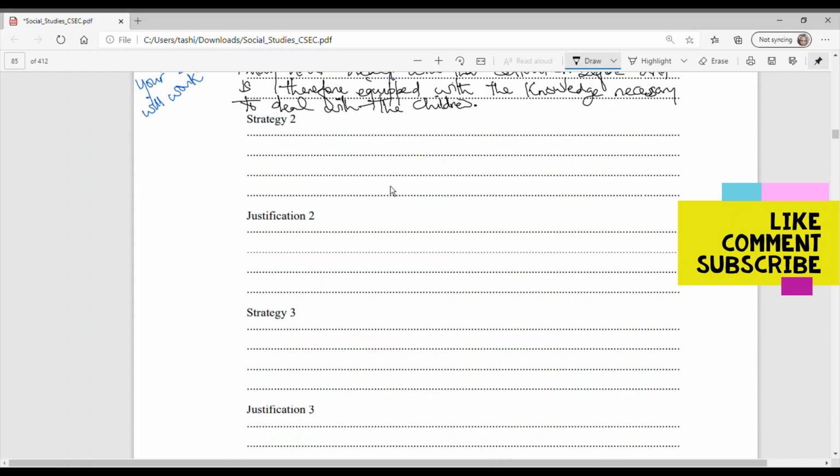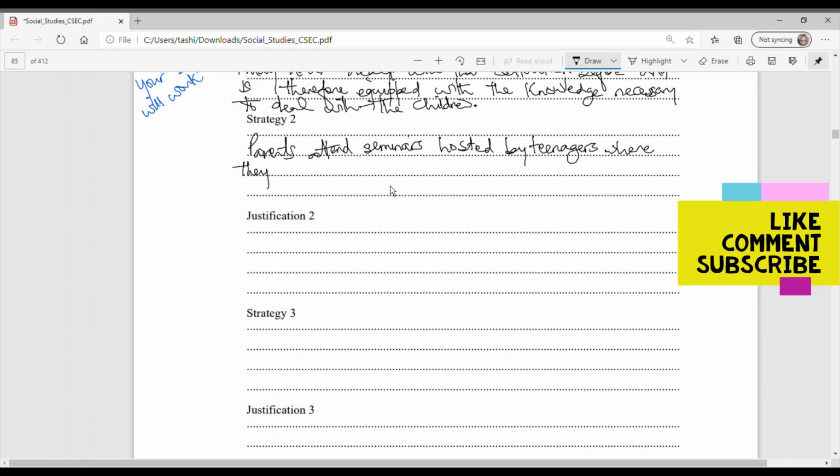So I would suggest that the parents attend seminars hosted by teenagers where they discuss strategies that parents can use to deal with or understand their children.